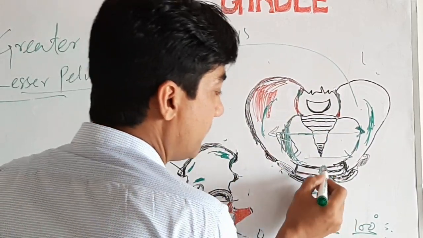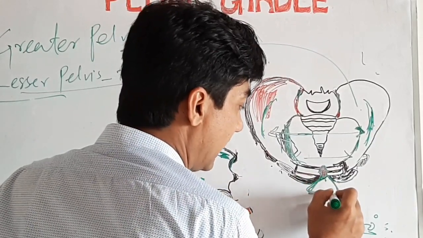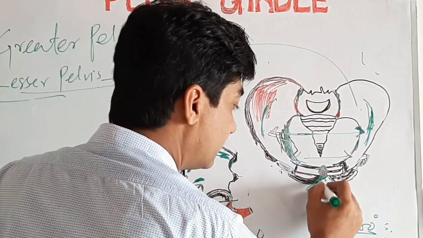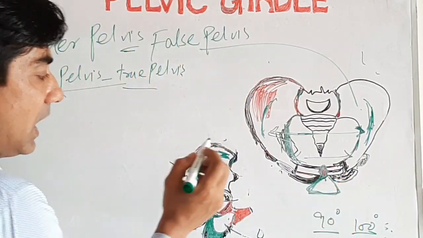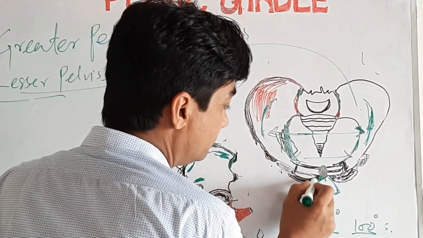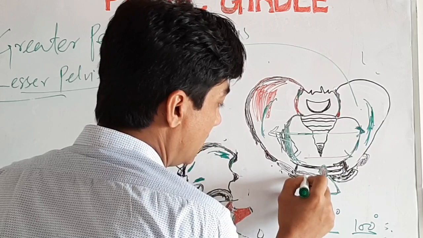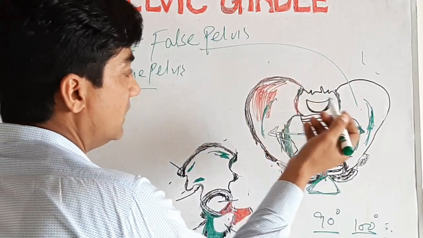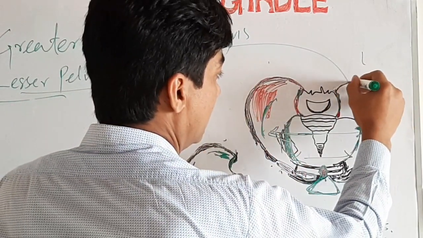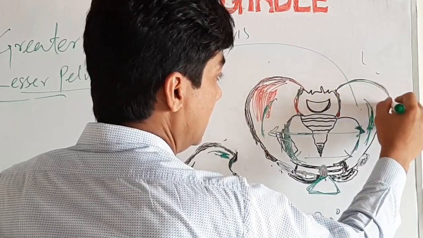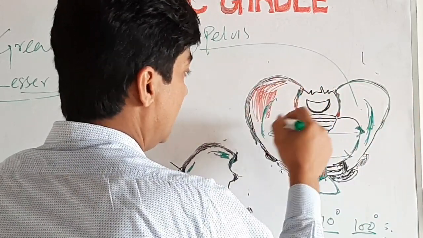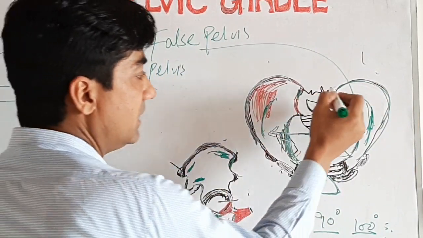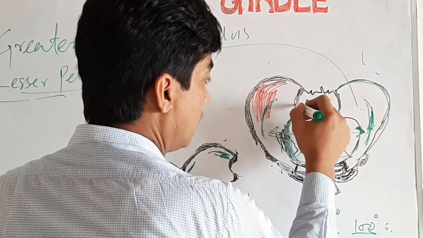First of all, the pubic arch: the angle of the pubic arch is larger in females and smaller in males, and the obturator foramen is broader in females than in males, and the ilium bone superiorly is broader in females and smaller in males, and posteriorly the sacrum and coccygeal bone.